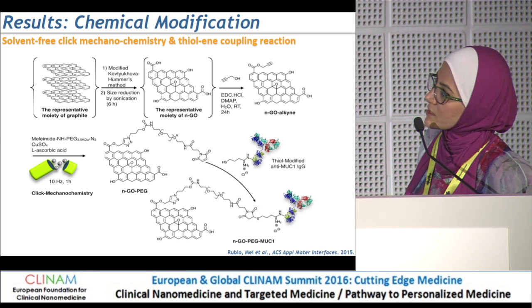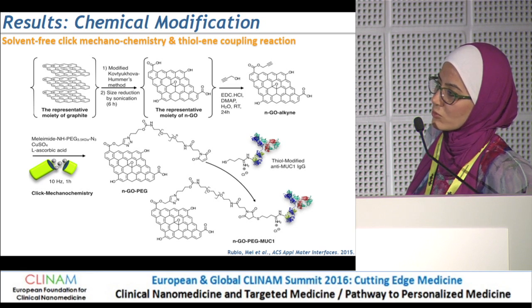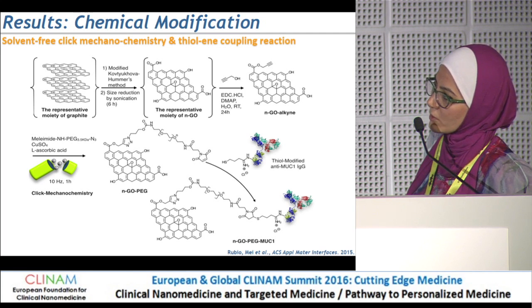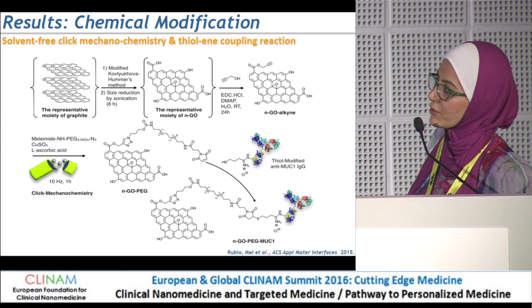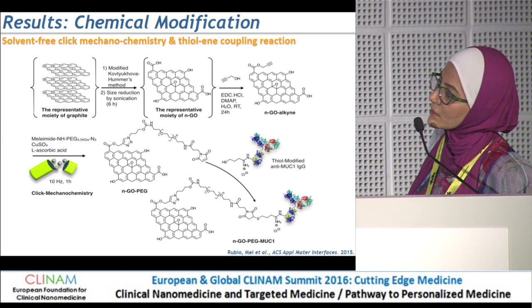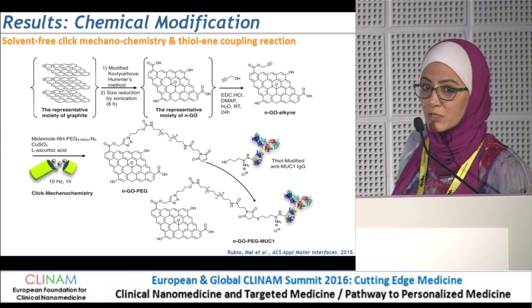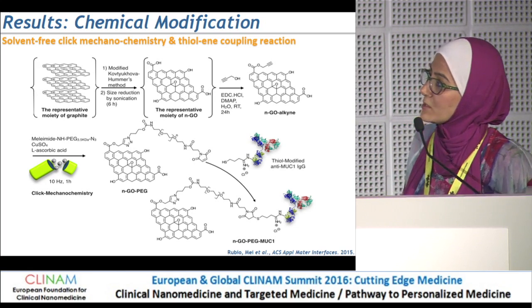So what you do next is you introduce the alkyne group by esterification. This is all done in solution, and then you have the solvent-free method, which has its own advantages obviously, and you have the PEG chain with the terminal maleimide. We have a long spacer here because we don't want direct adsorption of the IgG on the graphene oxide. That is important to maintain the targeting activity of the antibody.